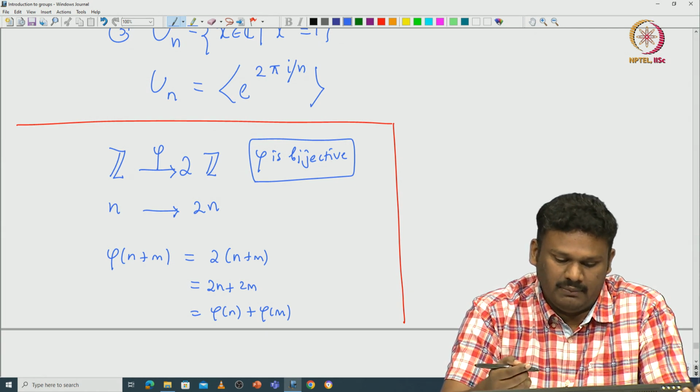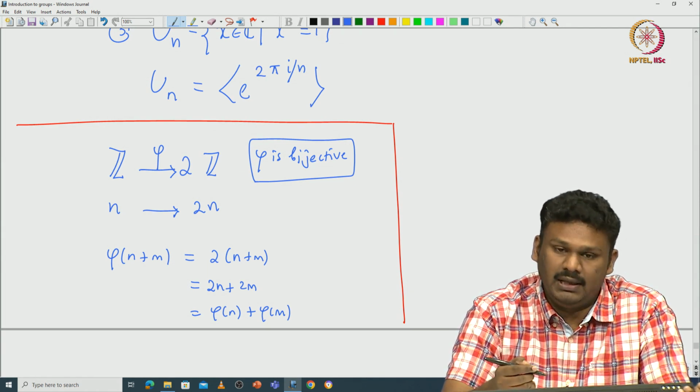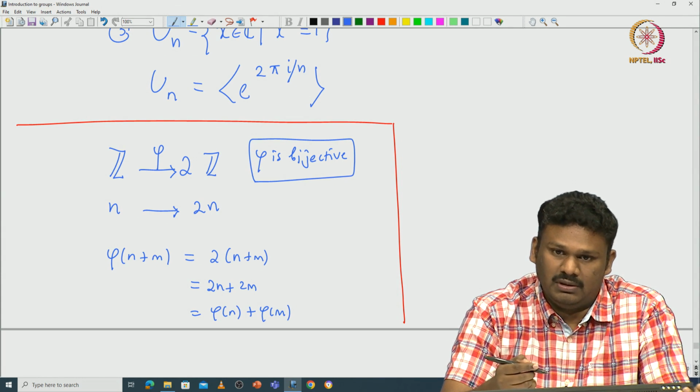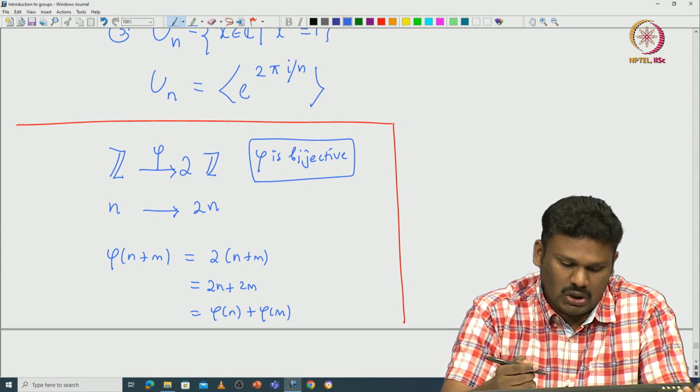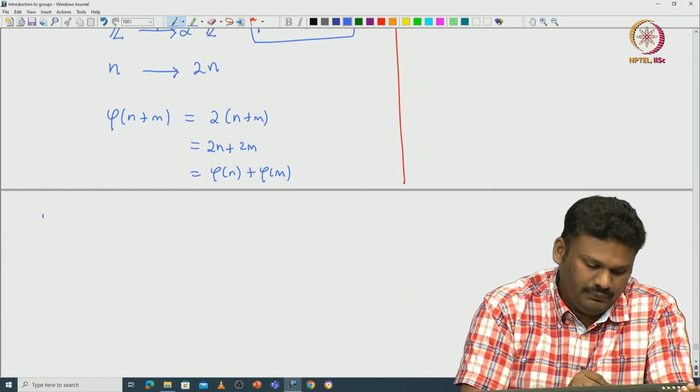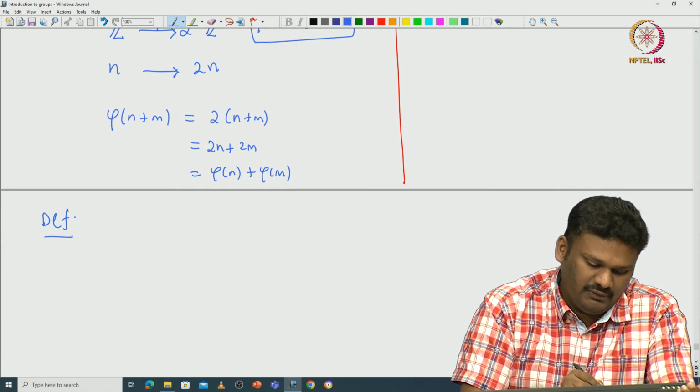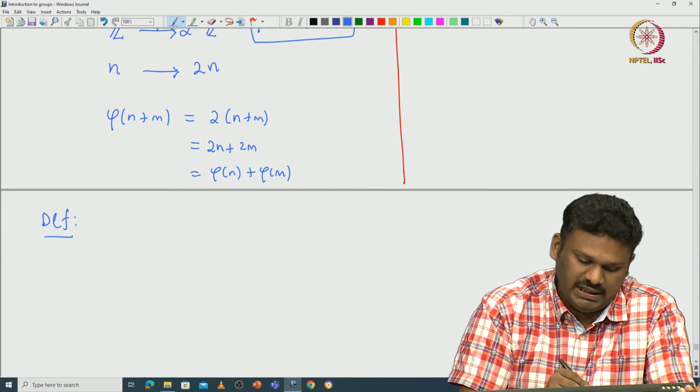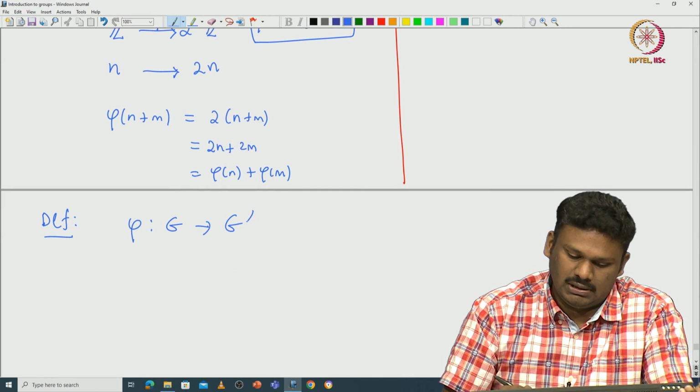So, a bijective map satisfying this property, phi of xy equal to phi of x phi of y, is called an isomorphism between two groups. So, let me define. Let us say we are given two groups G and G dash and a map phi from G to G dash. Okay.